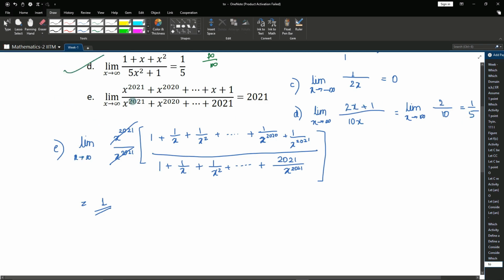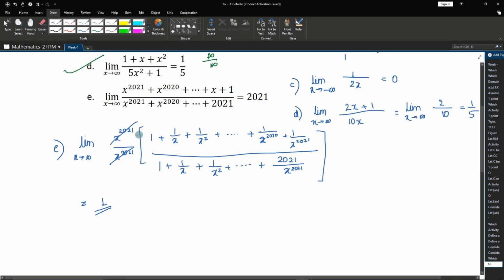So what about the fifth option? In the fifth option, if I substitute infinity, I'll get again infinity by infinity form. So instead of differentiation, since this is a long series, what I'll do is take x to the power of 2021 as common. So if I take it as common, I'll have 1 plus 1 by x plus 1 by x square, and so on up to 1 plus 1 by x to the power 2021.